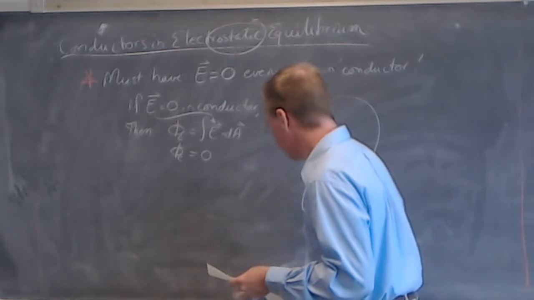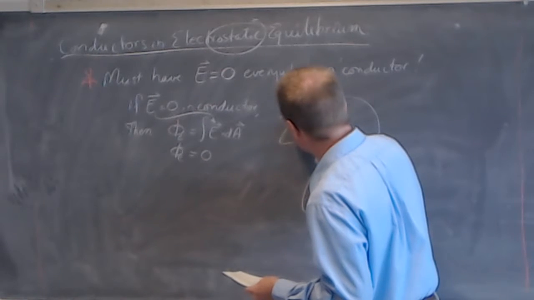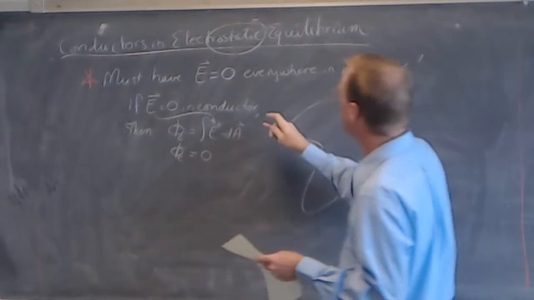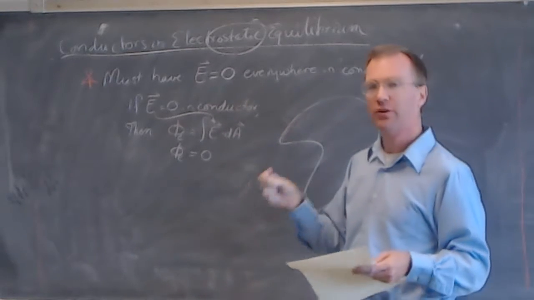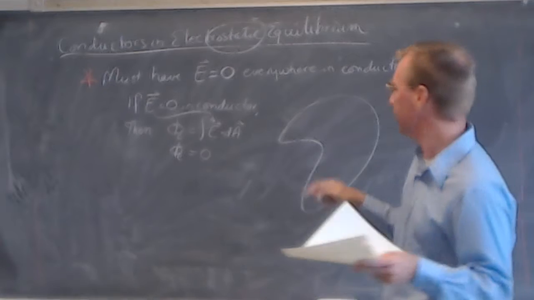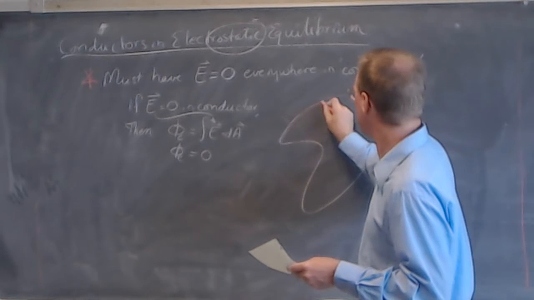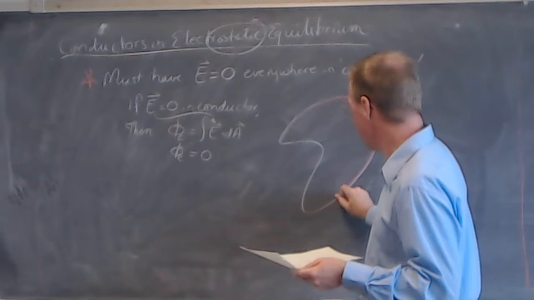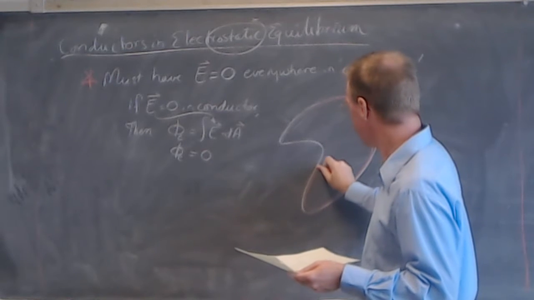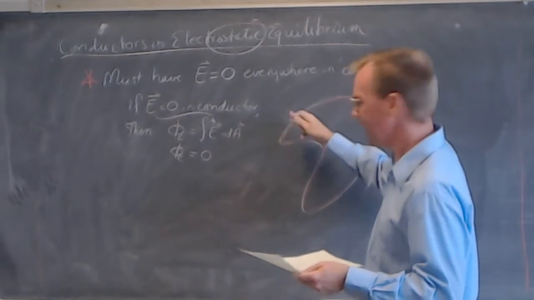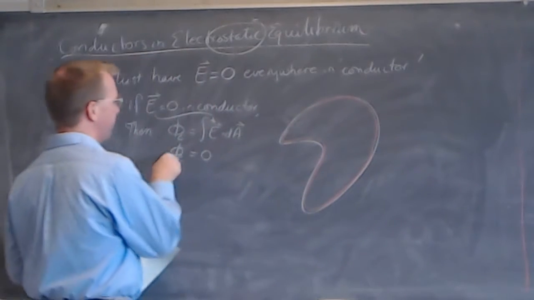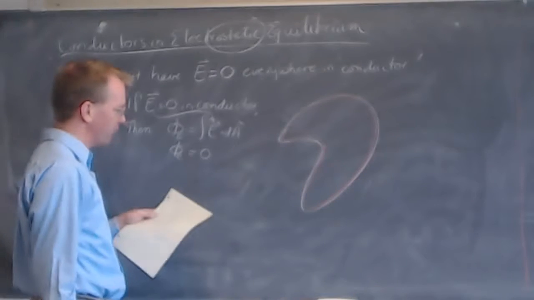And if I make my Gaussian surface be just inside that, there's a reason for saying just inside, because I've said that the electric field is zero inside the conductor, not outside necessarily. So my Gaussian surface could be some complex shape, but it matches the shape of our conductor, and it's just inside the skin there, the flux through that Gaussian surface is zero.